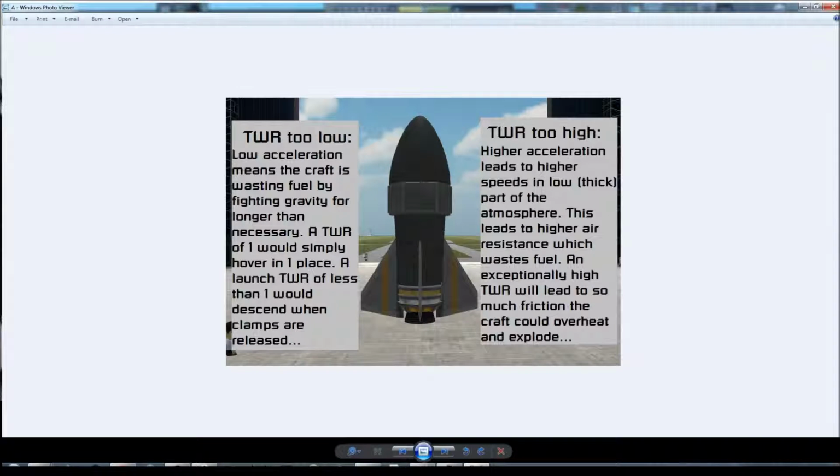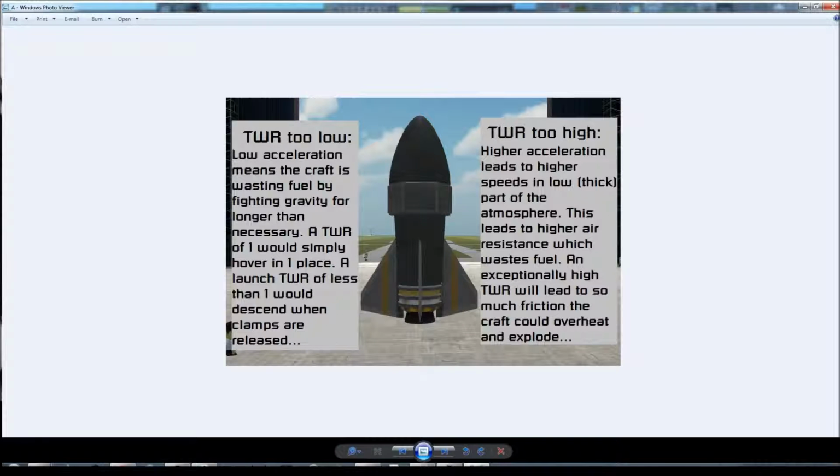Well, if you have a thrust to weight ratio too low, that means you'll accelerate very slowly. This means that your craft is fighting gravity for longer than necessary. A good way to think about it, if the thrust and the weight were equal, a thrust to weight ratio of 1, then the vehicle would simply hover in one place. Now it would be burning fuel all the time that it's doing that, but not actually going anywhere.